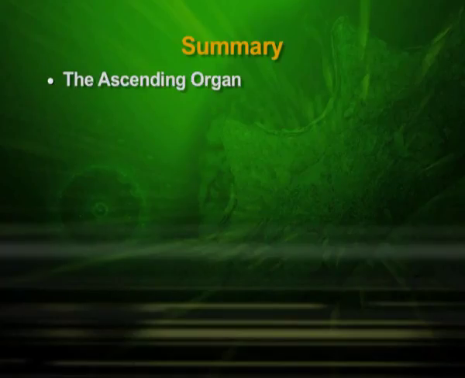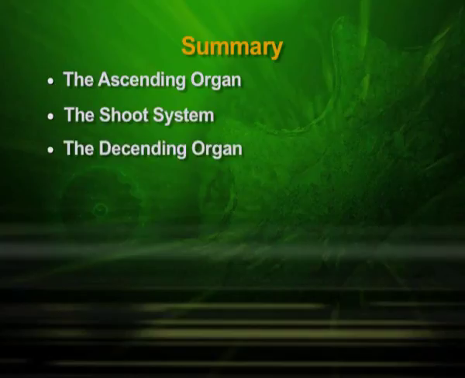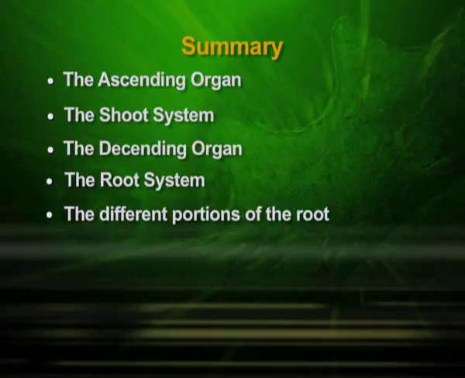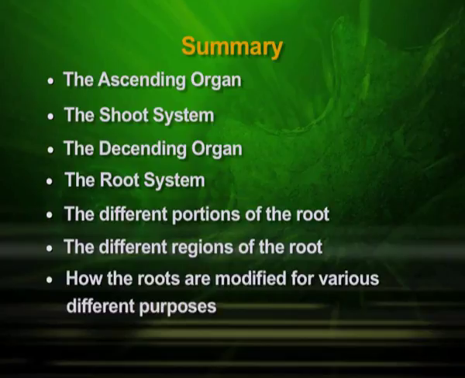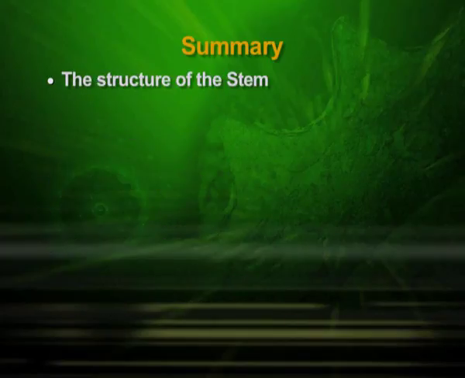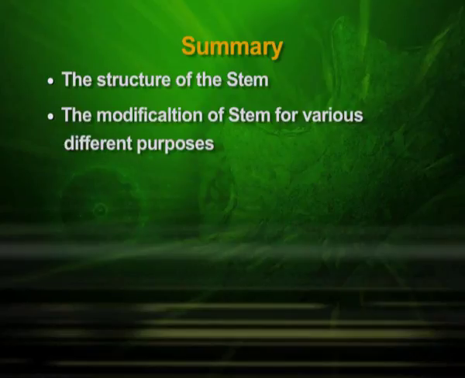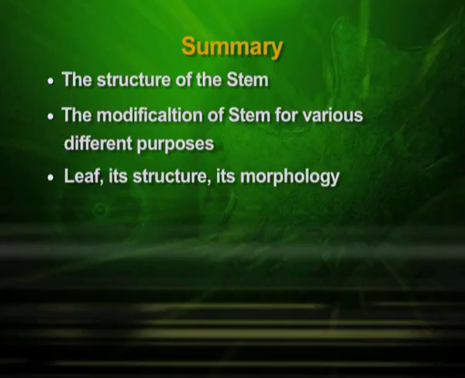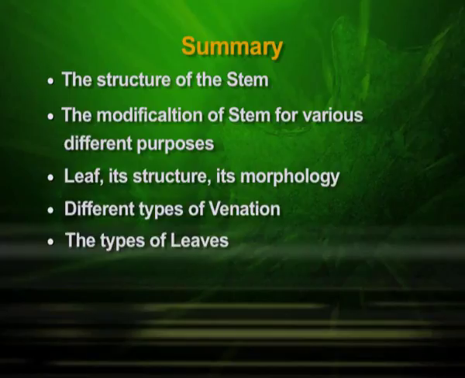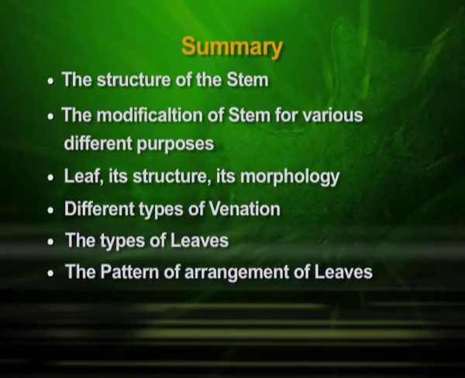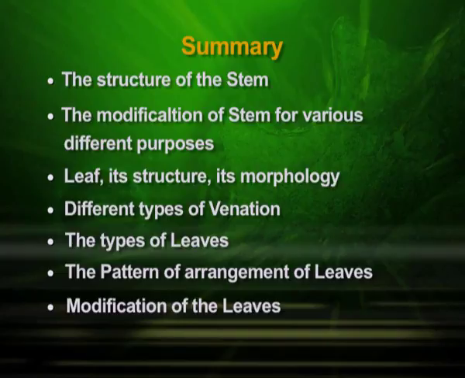We studied about the ascending organ, the shoot system, the descending organ, the root system, the different portions of the root, the different regions of the root, how the roots are modified for various different purposes, the structure of the stem, the modification of stems for various different purposes, leaf, its structure, its morphology, different types of venation, the types of leaves, simple, compound, pinnately compound, palmately compound, phyllotaxy, the pattern of arrangement of the leaves, modification of the leaves.